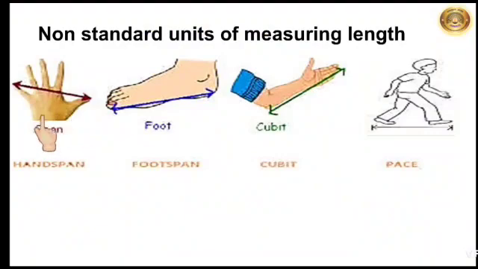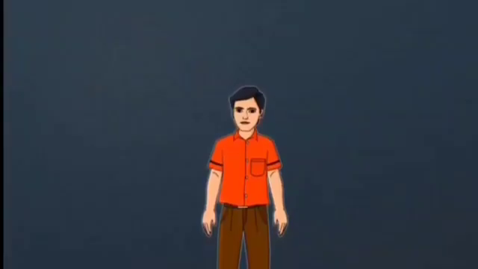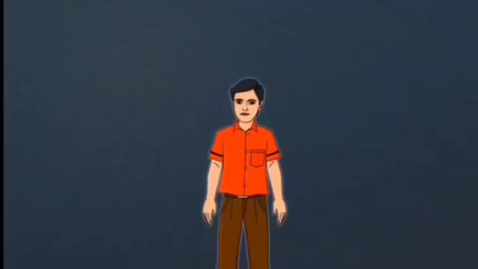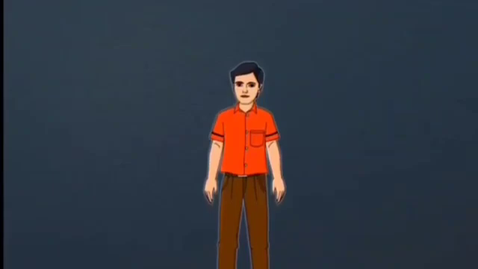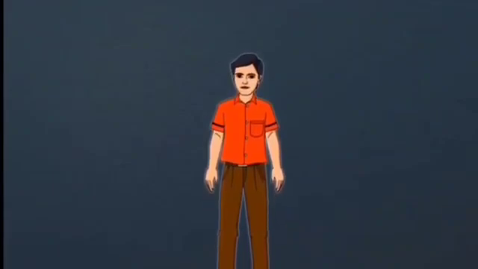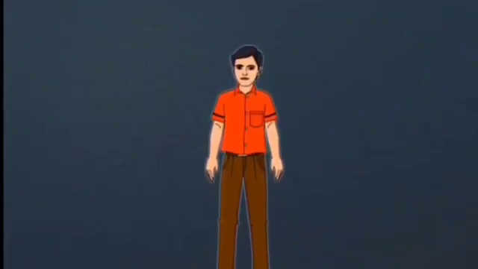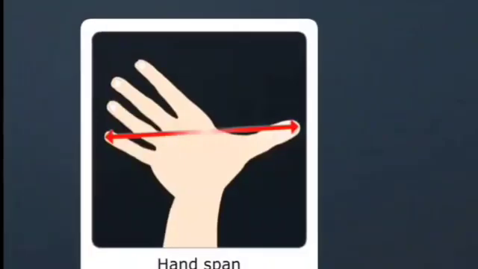Children, do you know that we can use our body parts as the non-standard units of measuring length, like hand span, foot span, cubit and pace. They are called non-standard units. These non-standard units give a rough estimate of length as they differ from person to person.